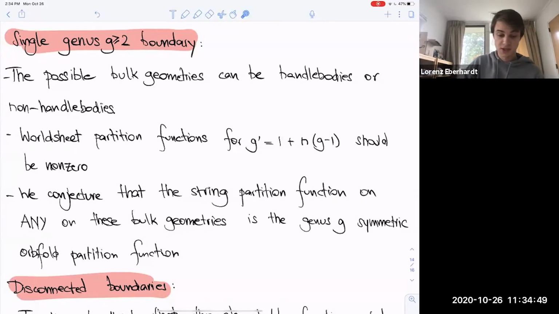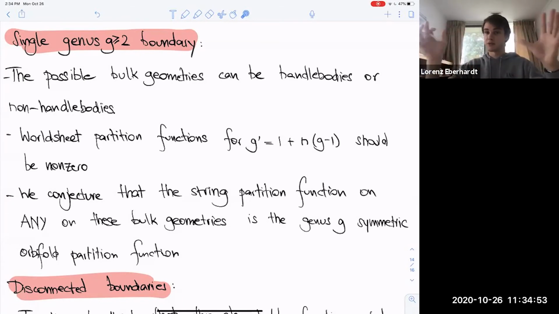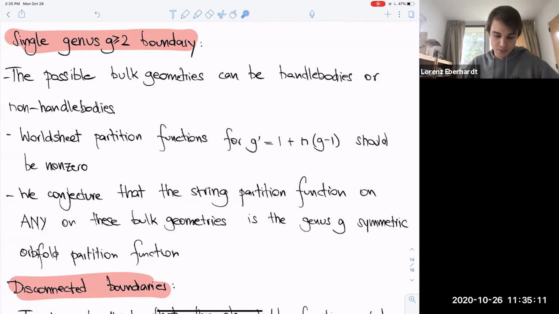They can be handle bodies, or they can also be non-handle bodies. Handle bodies are just the interiors of a Riemann surface as you would draw it on a piece of paper. But there you can also add holes and additional 3D handles in them, and you get these non-handle body geometries.